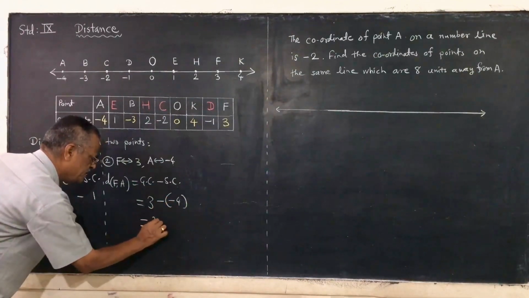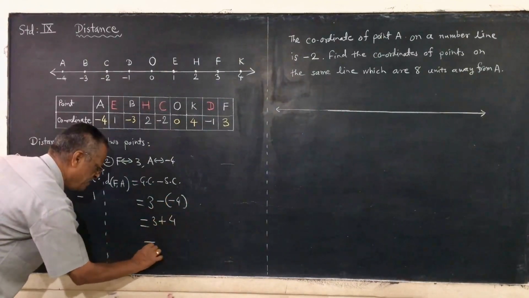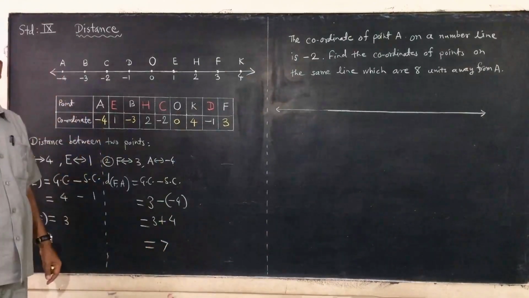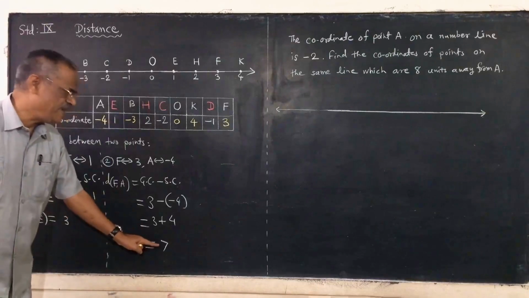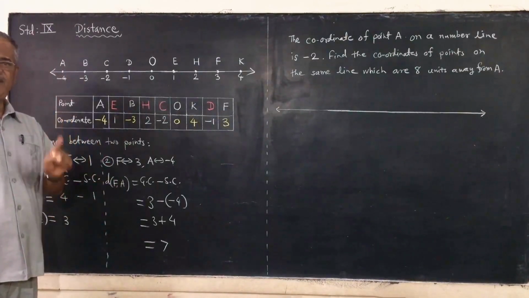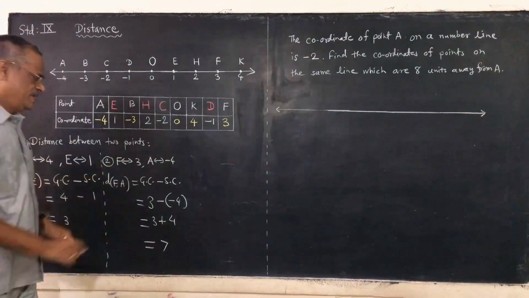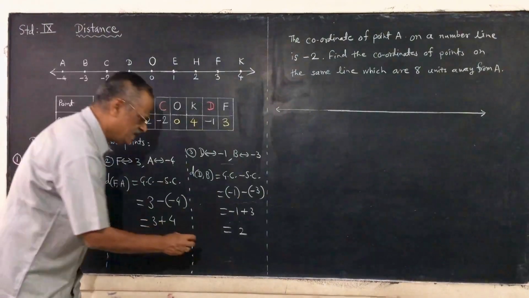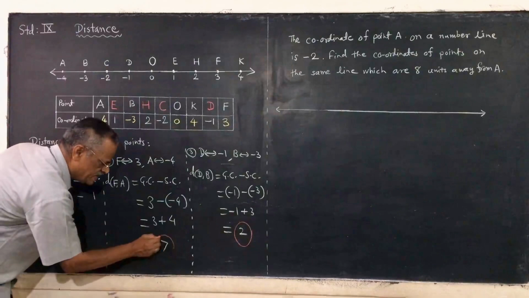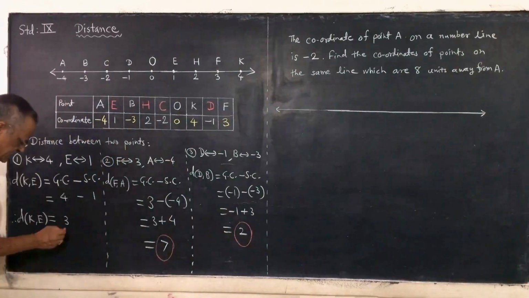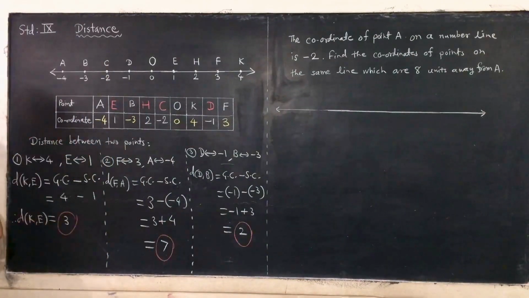So what is the calculation there? 3 plus 4, that is 7. So this is distance FA. So you can observe that the distance we are getting is 2, then 7, then 3.